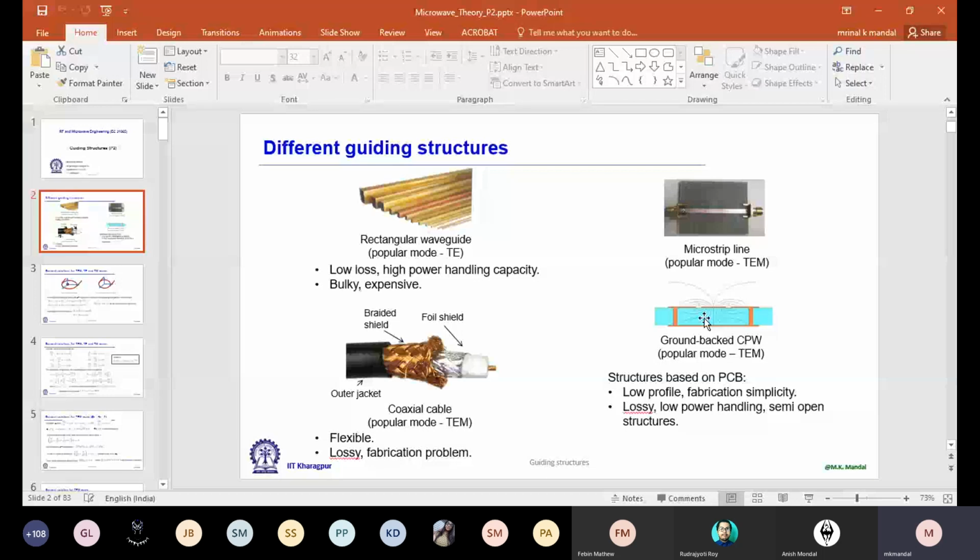So we have some specified materials available for which dielectric loss is really low, and we use only those materials at microwave or millimeter wave frequencies. The main advantage is its compactness and ease of fabrication. We have a PCB prototyping machine in our PCB lab downstairs, ground floor.